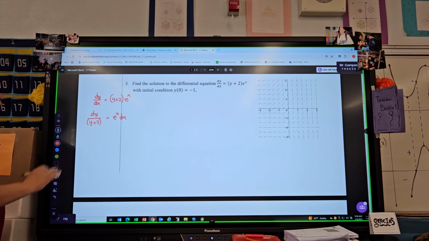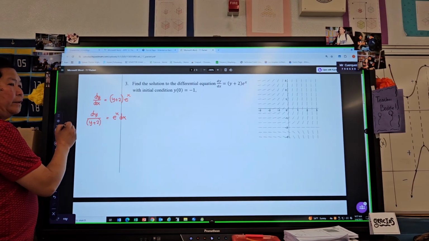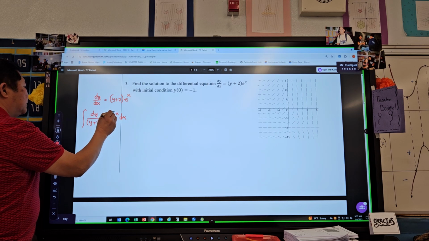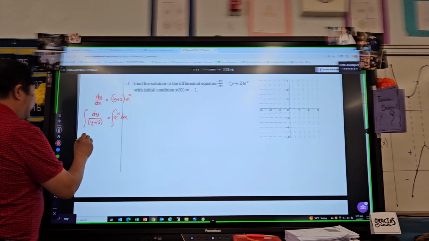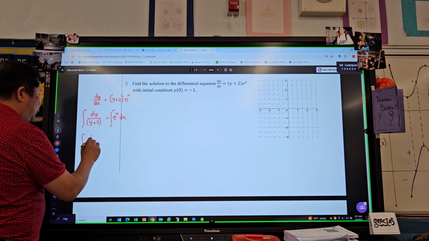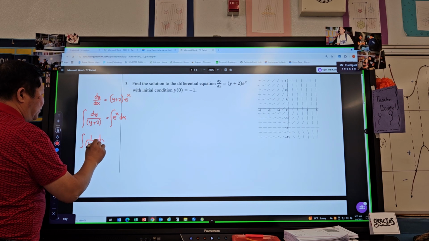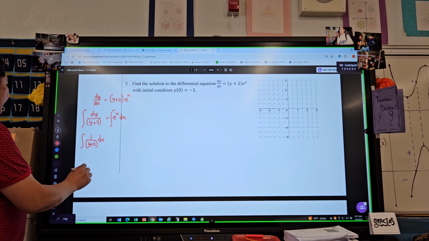So we separated already, right? And then after that, this can be rewritten as 1 over y plus 2 dy. So we can make use of the natural logarithm, right? ln.